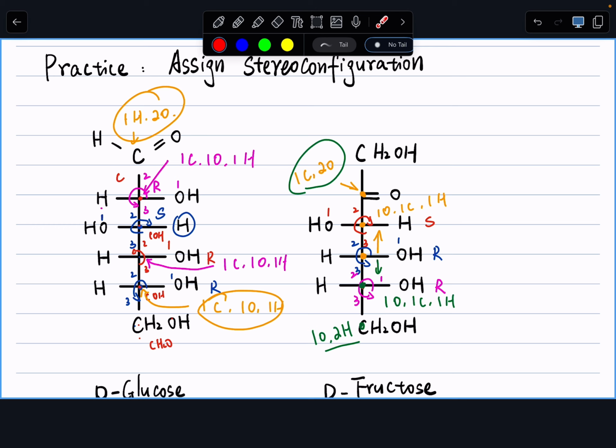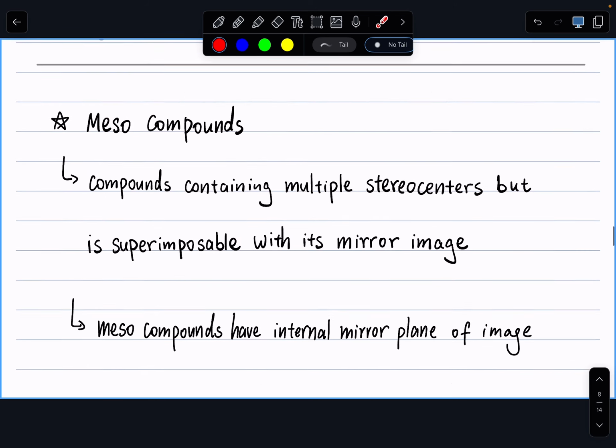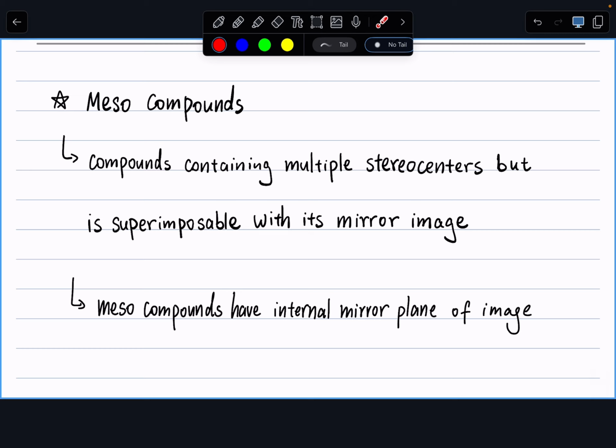And now let's move on to one last topic in chirality before we talk about the summary, which is meso compounds. This is, again, where lots of people make mistakes. A meso compound is a class of compound that contains multiple stereocenters, but it can also be a mirror image of itself because it contains an internal plane of symmetry.